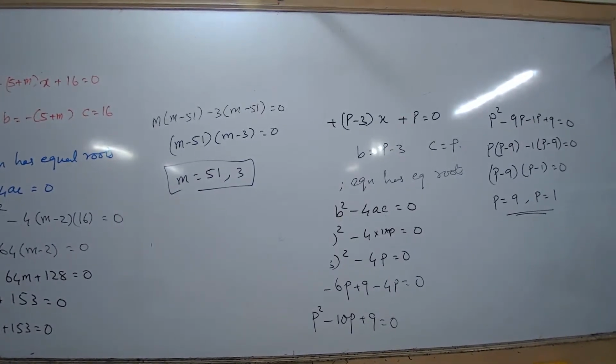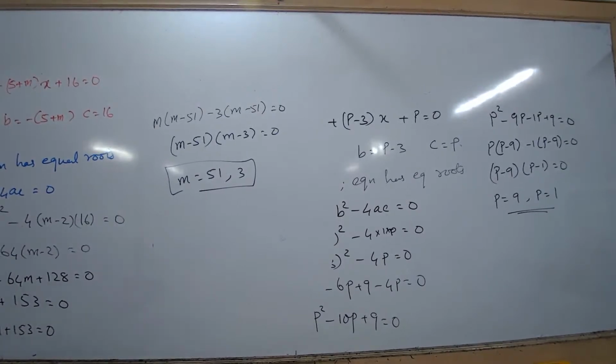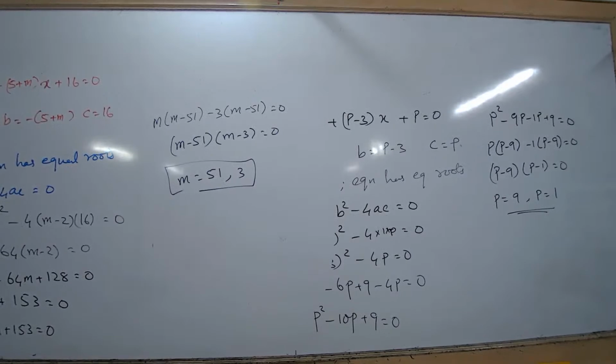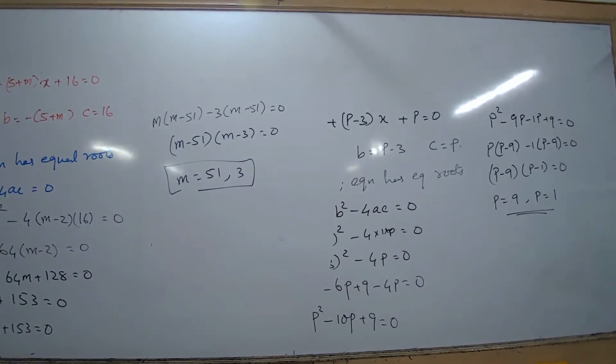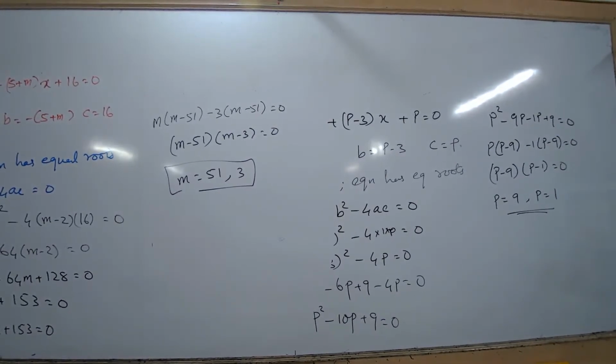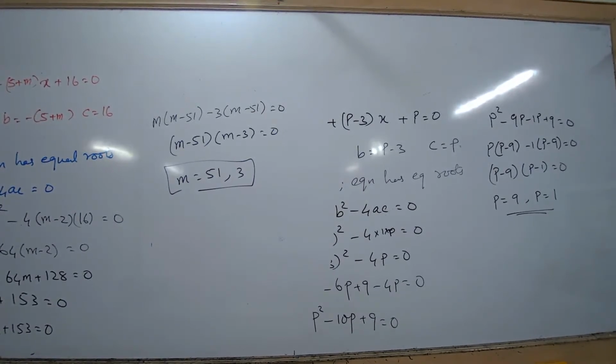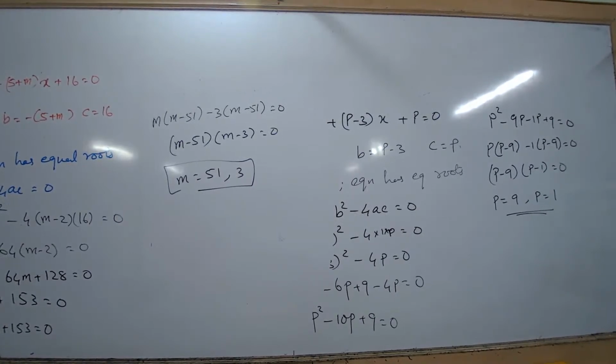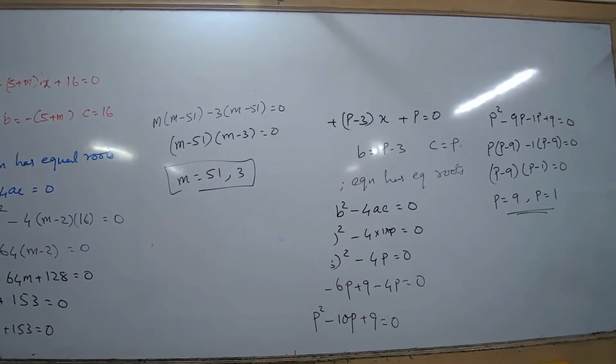Identities, you have to write and you have to learn. Even in substitution, people are getting confused. Write the list of identities. A plus B whole square. A minus B whole square. Then A plus B times A minus B. A plus B plus C whole square. A plus B whole cube.